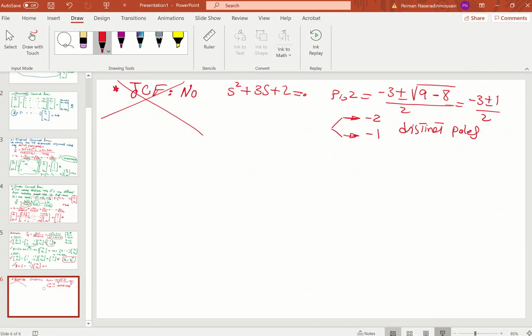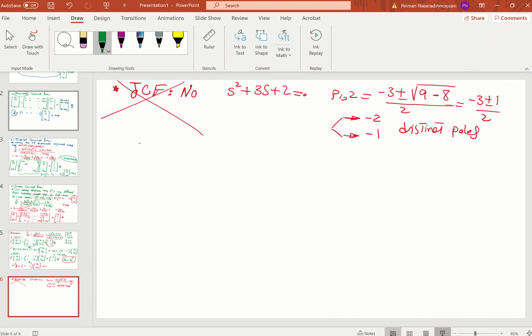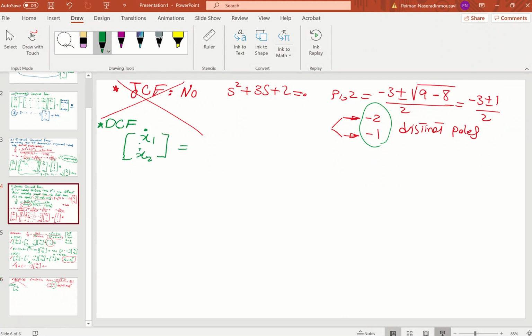So because we found this, this is the diagonal canonical form. So x dot 1 and x dot 2, based on whatever I taught.